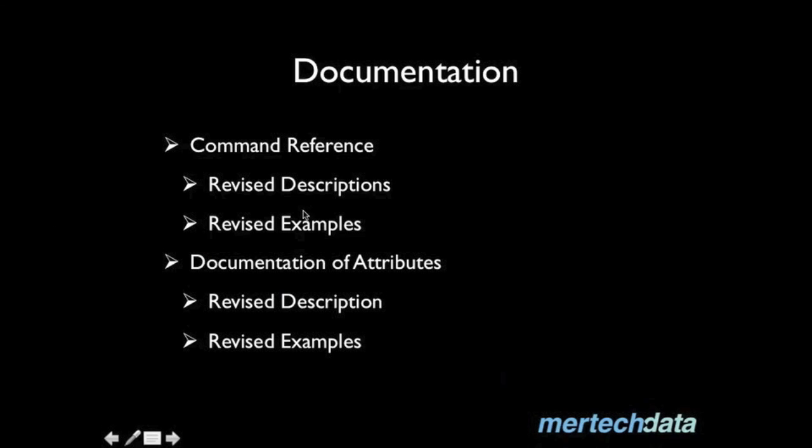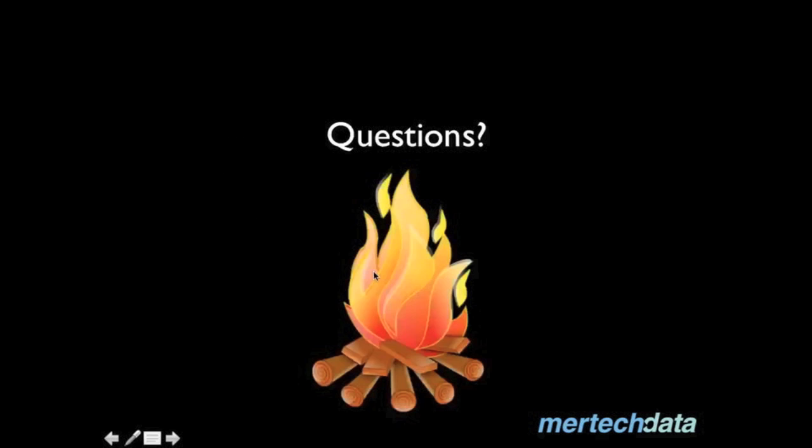That involves not only the descriptions, but also the examples of the commands and attributes. You'll see in the next beta that a whole bunch more of that has been completed. For the actual release of 12.1, our plan is to have all of that completed. So that is the last feature that we have here.